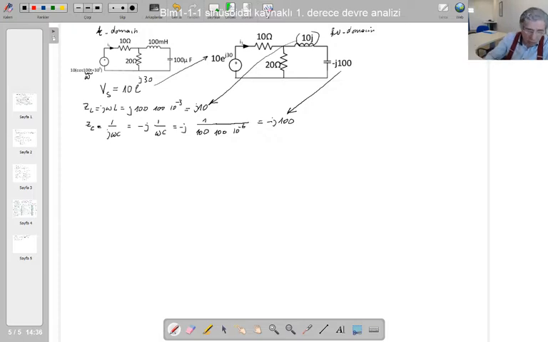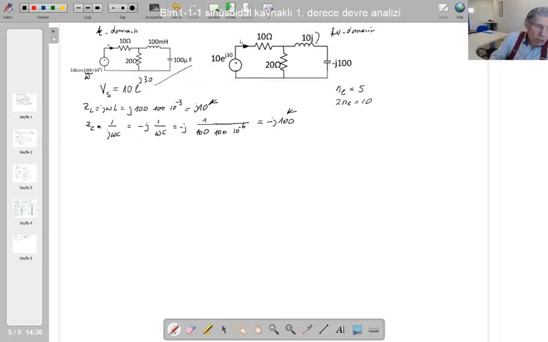So the number of elements, NE, in this circuit is 5. 2NE is equal to 10. So I will be writing 10 equations and end up with 10 unknowns.